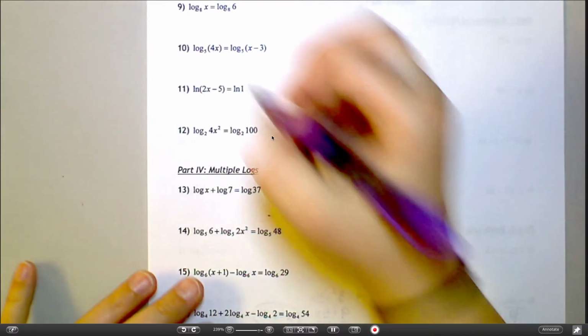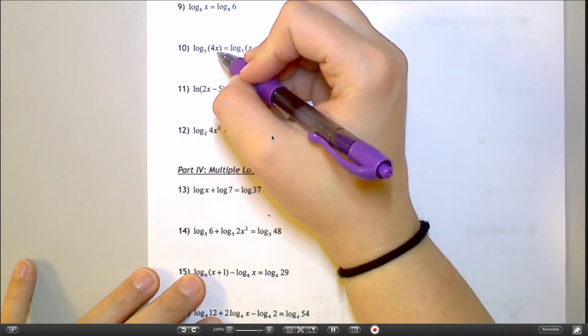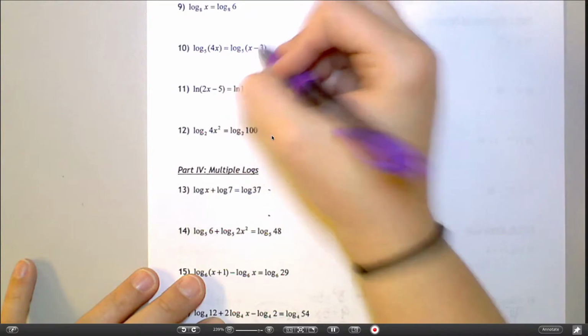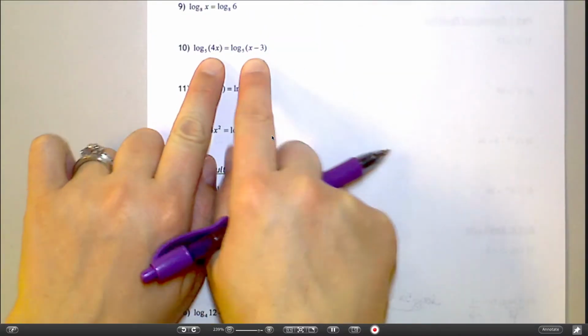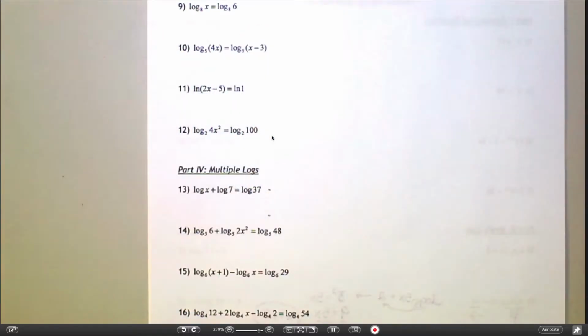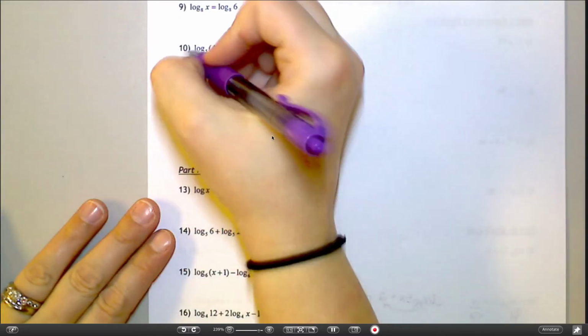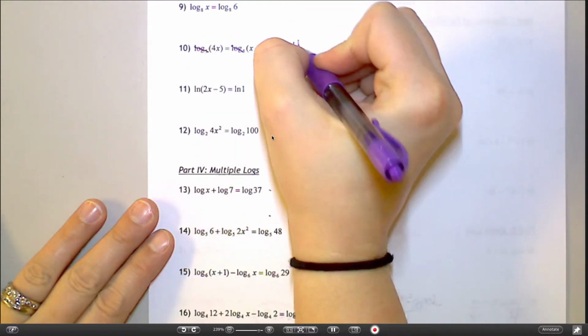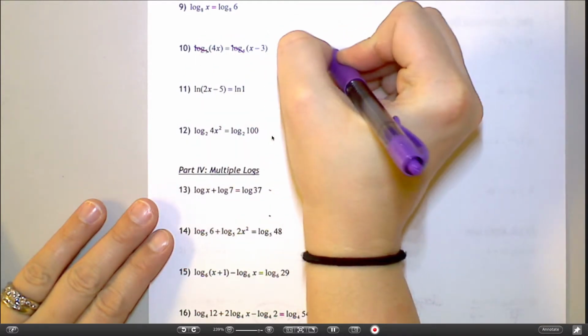Cancel the logs, yeah. If I have log base 5 of this equal to log base 5 of that, then this and that would have to be the same thing. If the 2 logs are equal, then the 2 things you're taking the log of must be equal. So I'm going to cross those out, and I end up with 4x equals x minus 3.